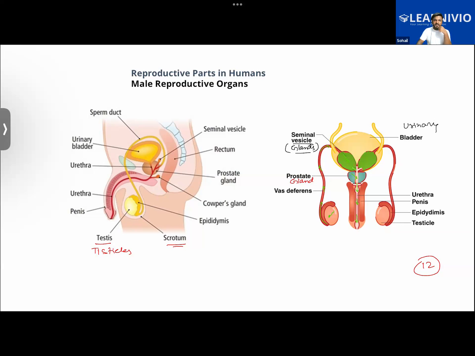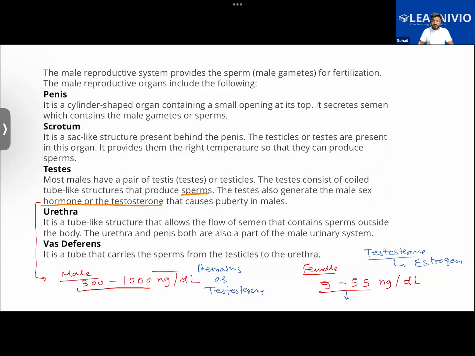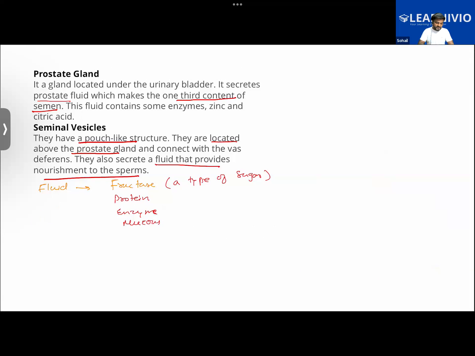See, it secretes a fluid called prostate fluid, and that fluid contains enzymes, zinc and citric acid. The prostate gland secretes prostate fluid, which makes up about 1/3 of the semen. That's what we learned in the previous class about this prostate gland.